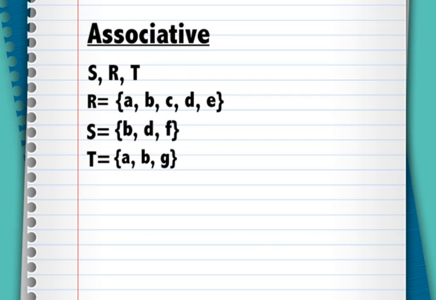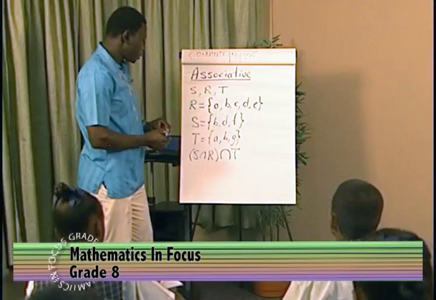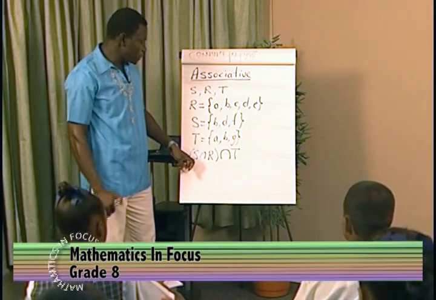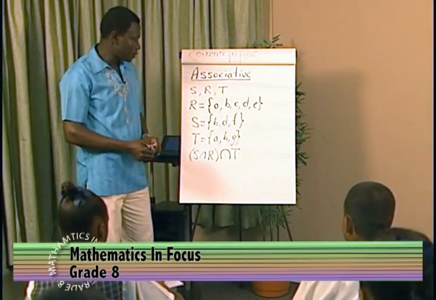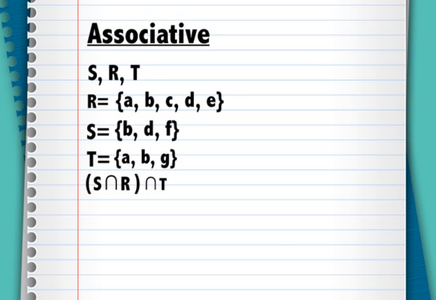If we have S intersect R, we find what is S intersect R, and then we find what is the result of this intersecting T. All right, so what we want to do here is to first find what is S intersect R. So we look at S and R, and we find what that set will be. The set S intersect R, what will be those elements?